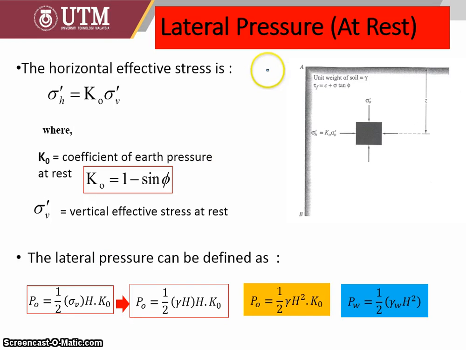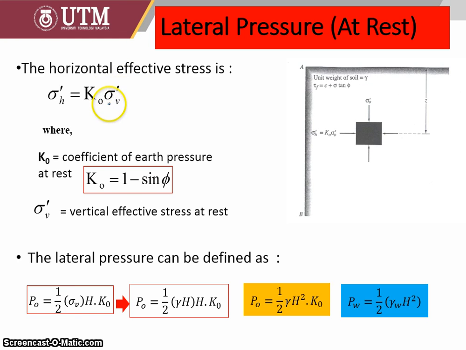So what is lateral pressure at rest? Let's see the first condition. As we know, in a soil element, we have an in situ stress. For vertical direction, of course, we have an effective vertical stress.